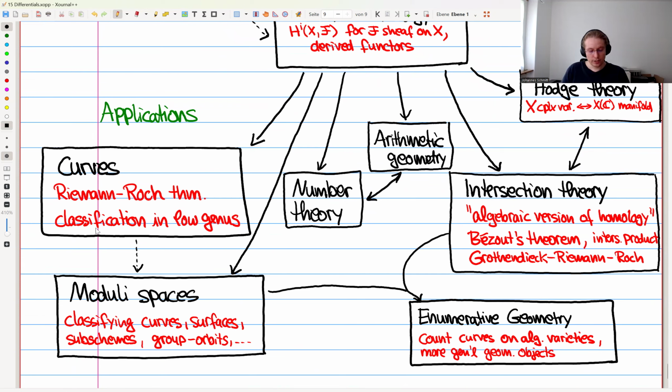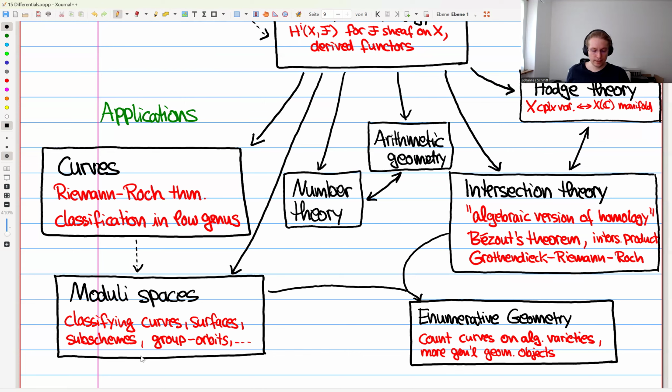And also, we have seen this invariant, the genus of a curve, and it's actually possible to classify curves of low genus, so genus 0, 1, 2, 3, and so on. You can classify all of these curves, so basically write down what all the possible isomorphism classes are. And this already goes in the direction of the next box, which is moduli spaces.